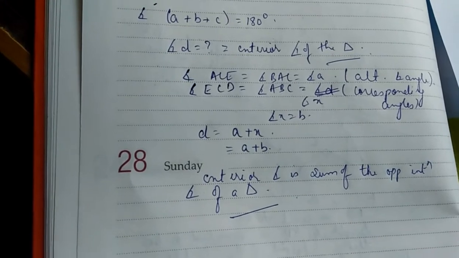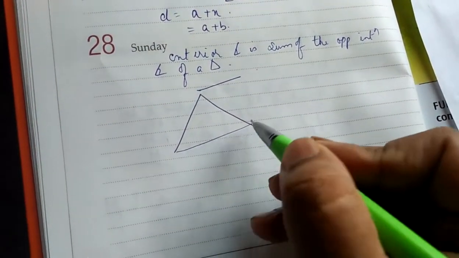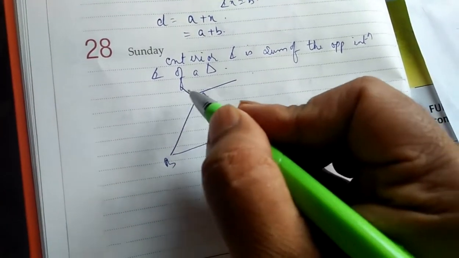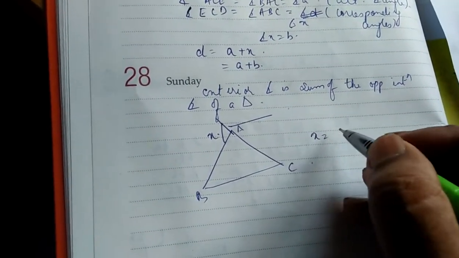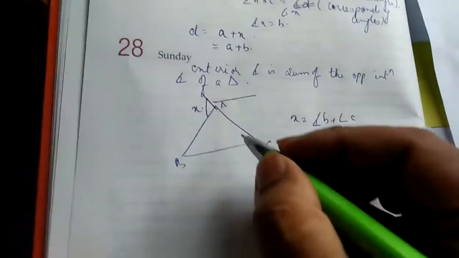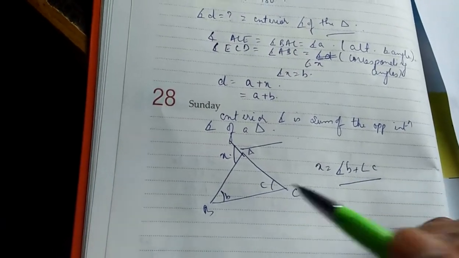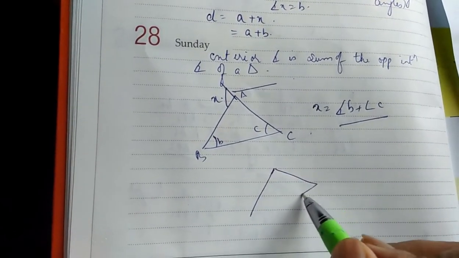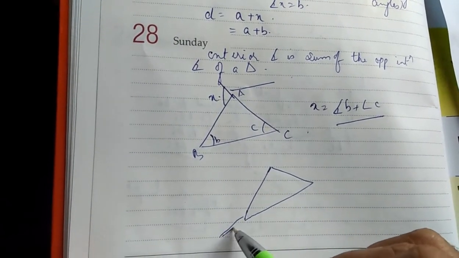So let's say there is another triangle ABC. We have extended this particular side, so x is equal to angle B plus angle C. Let's see another triangle. Let's say we extend this particular side.